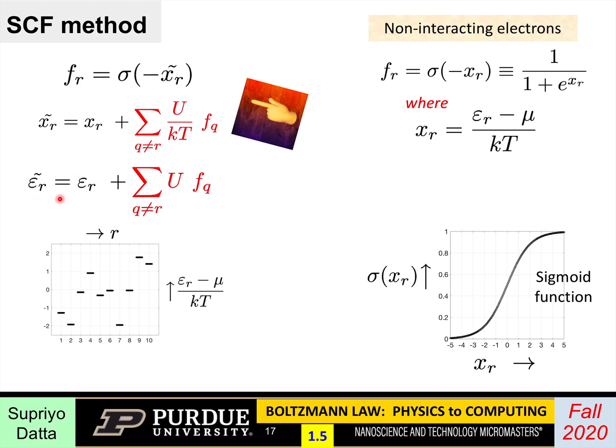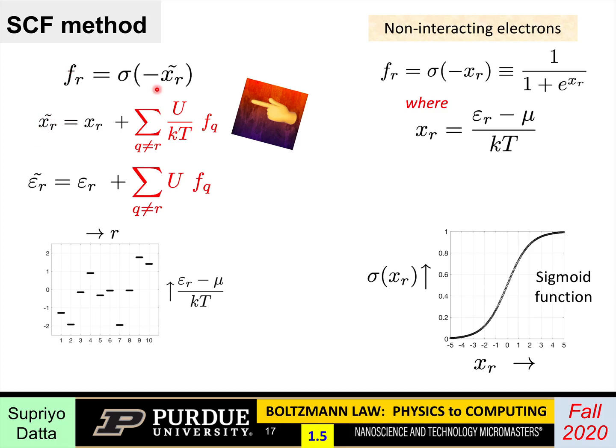So these are the energy levels, and then if you subtract mu and divide by kT, you get this dimensionless number x. There we also have a tilde x, the one corresponding to epsilon r, the x we had before. And we take the Fermi function of this tilde x, the one that includes the interaction.